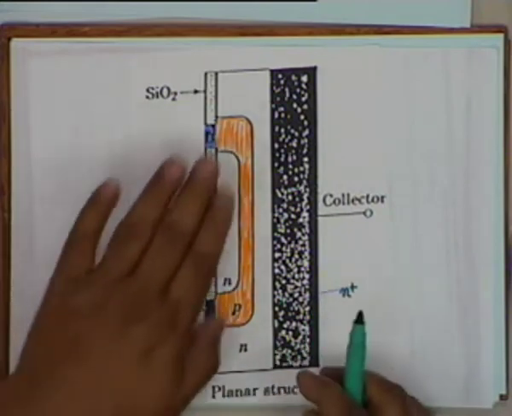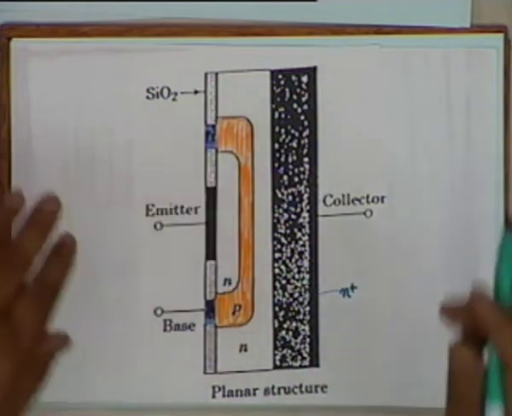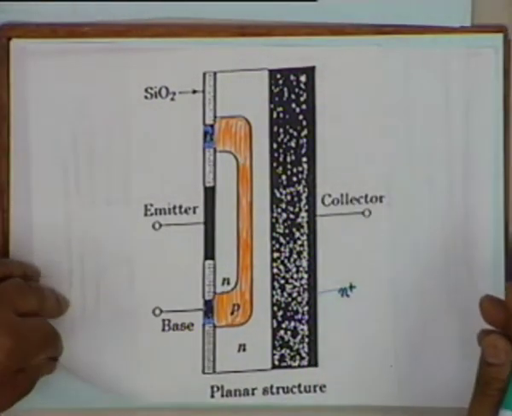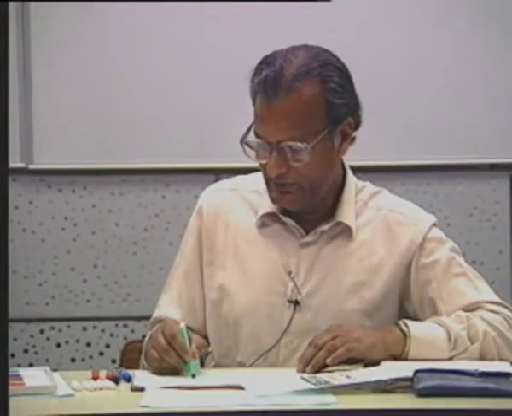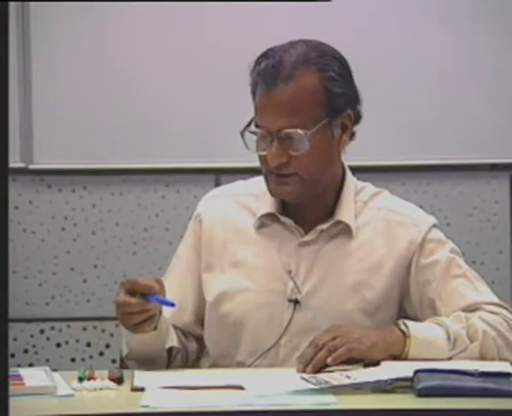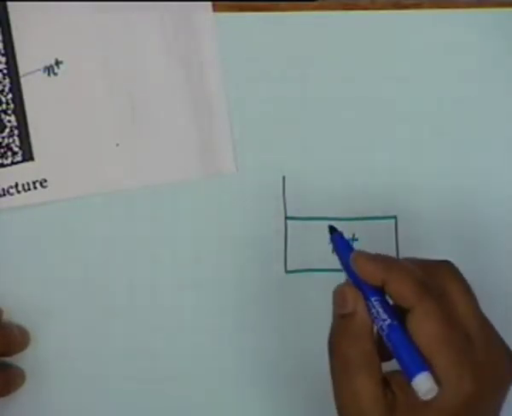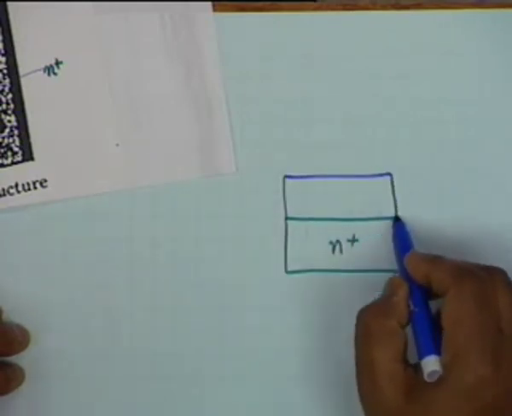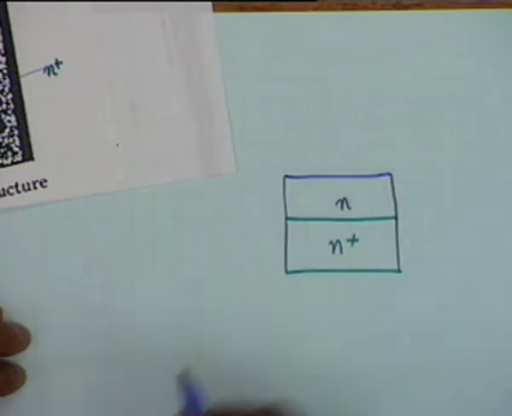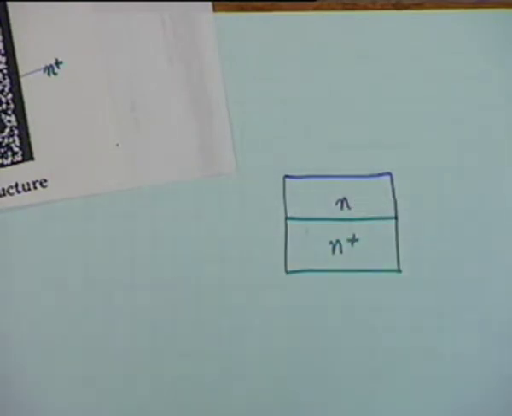All this colored stuff is not there. What you do basically is take a silicon which is N plus, and then upon this you grow, by passing a gas of that material, there are other methods of doing this, you grow on this an N type region, that is the same silicon but lightly doped, less doped than this, all right.